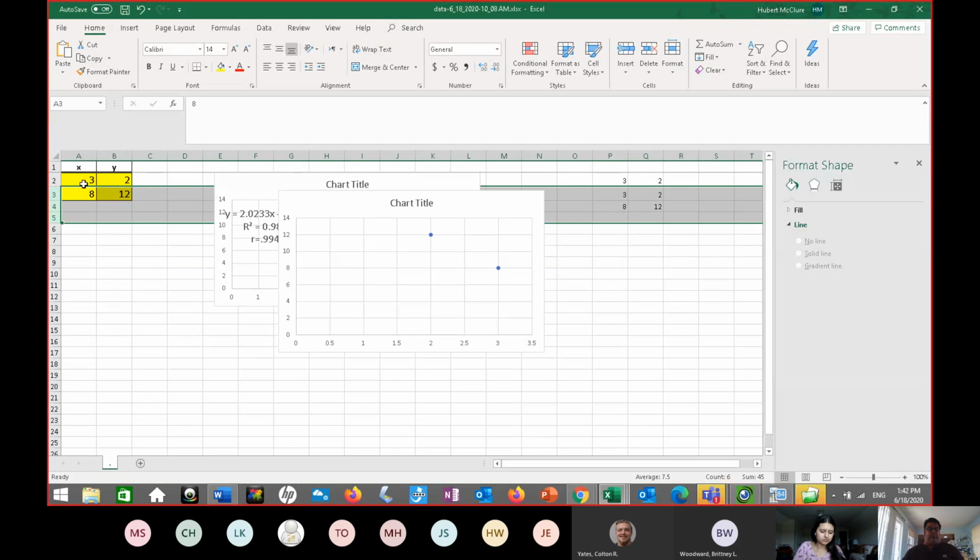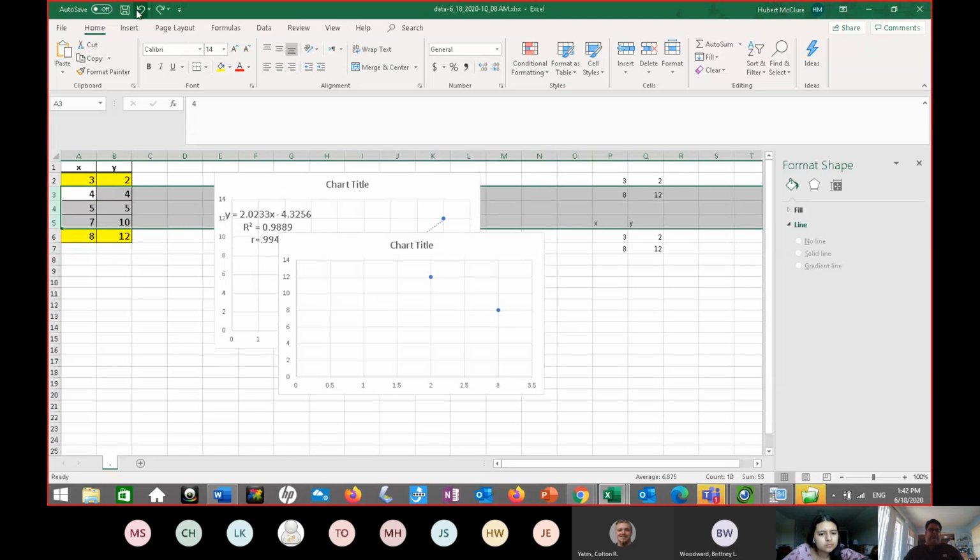Three and 2. See, when you plot 3 and 2, and 8 and 12, it's not going to be these two. That don't make any sense. Why is it doing that?